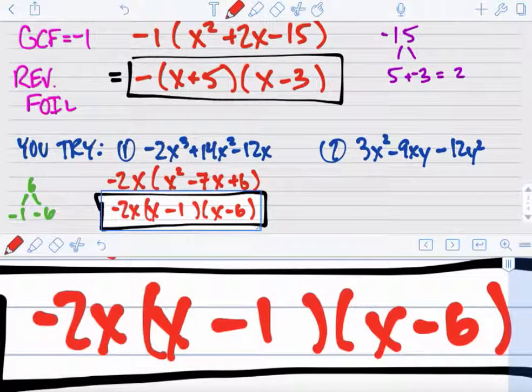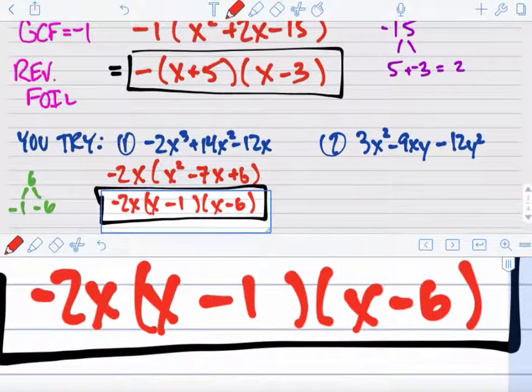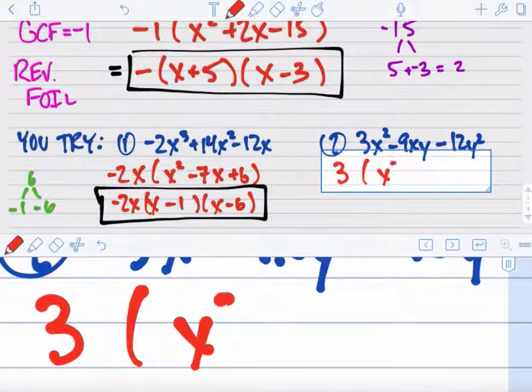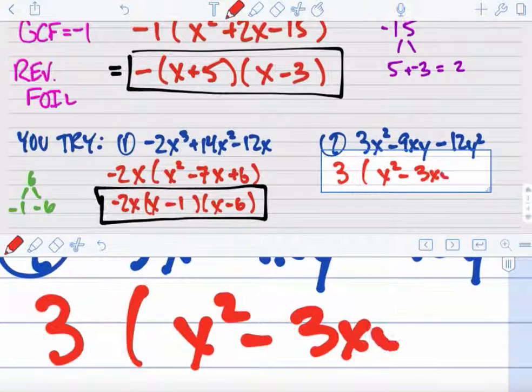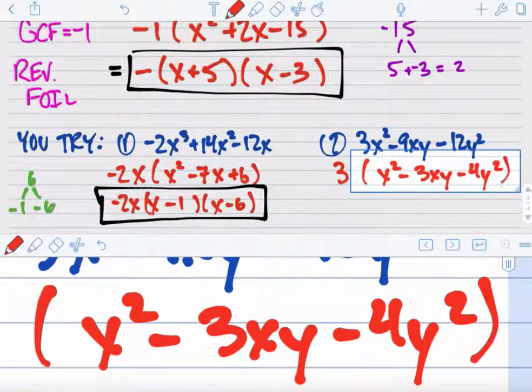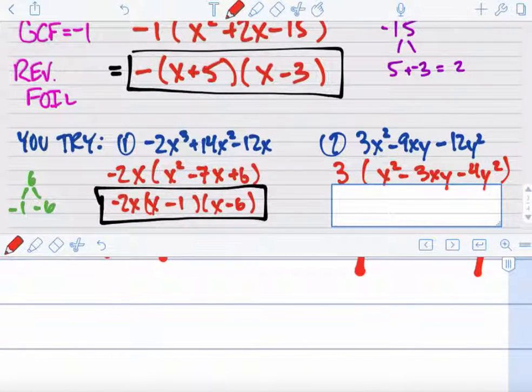If I look at the second one over here, my GCF is 3. I pull it out and I'm left with x squared minus 3xy minus 4y squared, and then I have a 3.